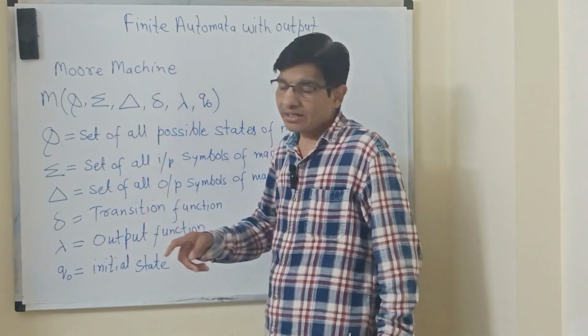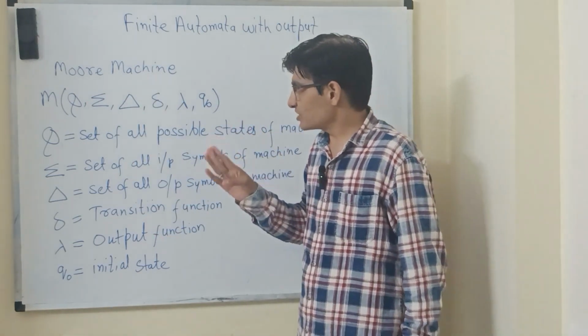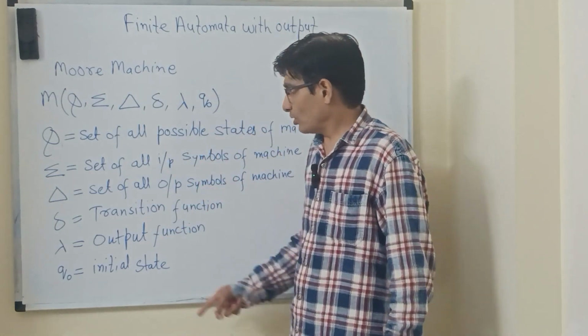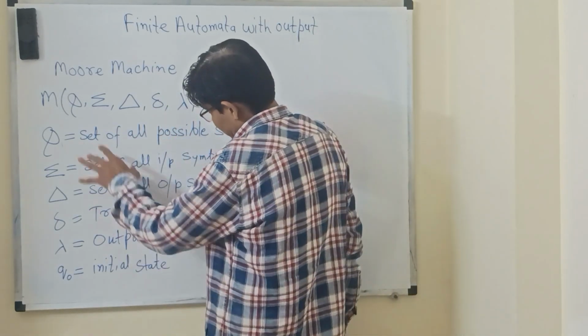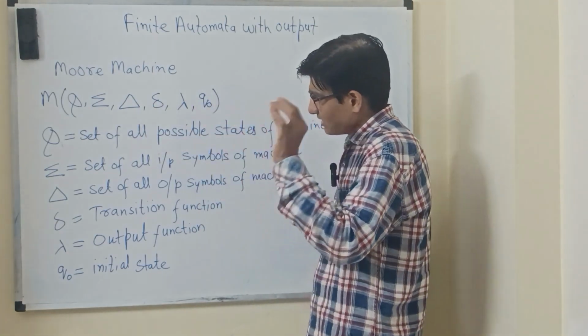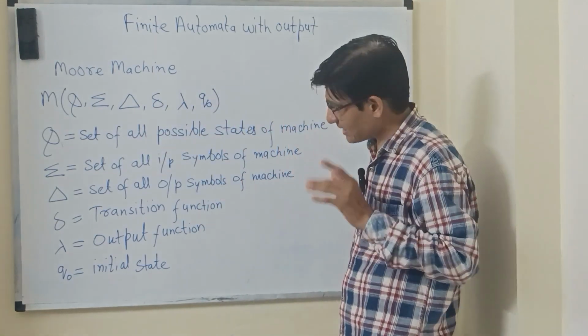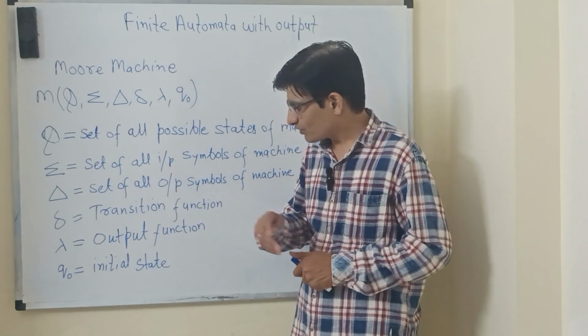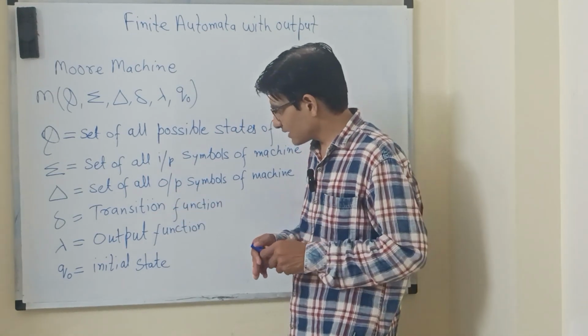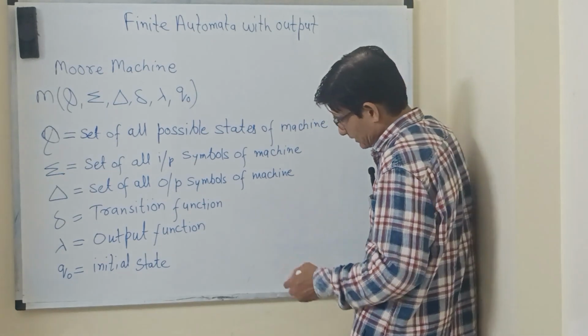Moore and Mealy, both machines are 6 tuple machines, and only a slight difference is there in the output function. In both these machines, the 6 tuples are the same. So friends, we will now discuss the transition function and output function of this machine and how these are mapped.